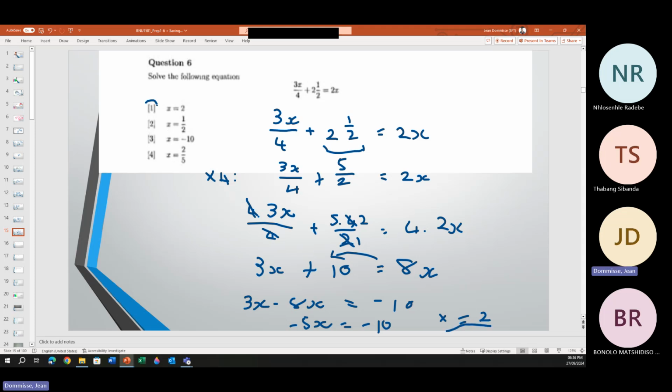Okay, which is option 1. And then let's check by putting 2 into the left-hand side. So we sit with 3 times 2 divided by 4 plus 5 over 2.